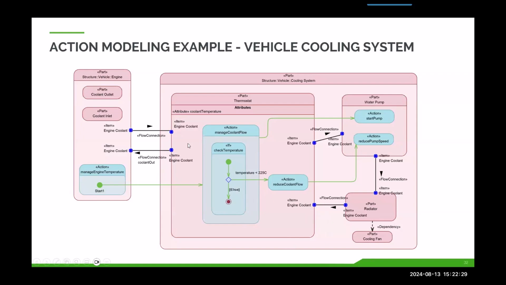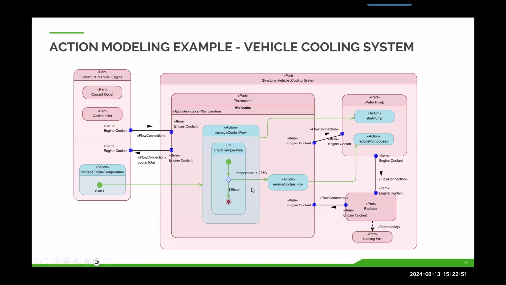So we can see the flow of elements across the system, and we can see the flow of behavior using the actions. We start by triggering with a manage engine temperature, and then we have a check temperature action that's part of managing coolant flow.